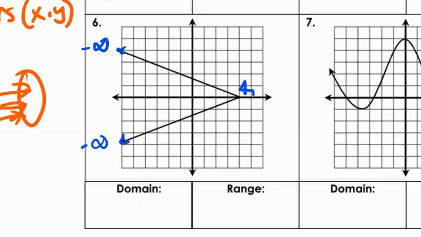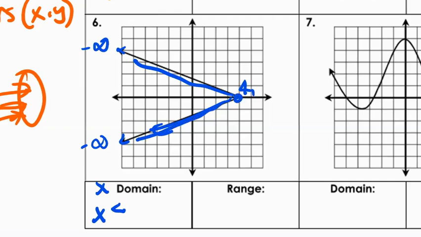So if I talk about domain, if you notice, the graph is going to the left. Remember, going to the left is smaller value, okay? So my domain here, I'm going to write, remember, my domain is X. So I'm going to write X is less than, why less than? Because it's going to the left.